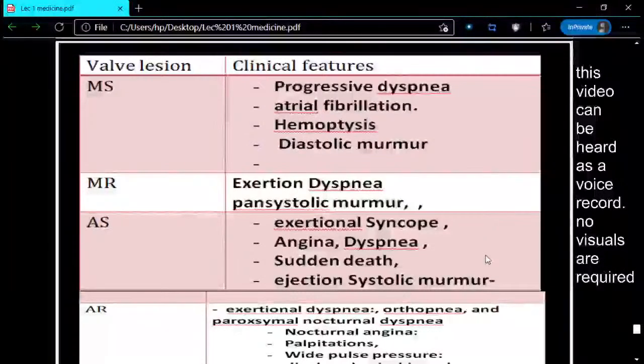The type of murmur: systolic murmur, not pansystolic, not diastolic.